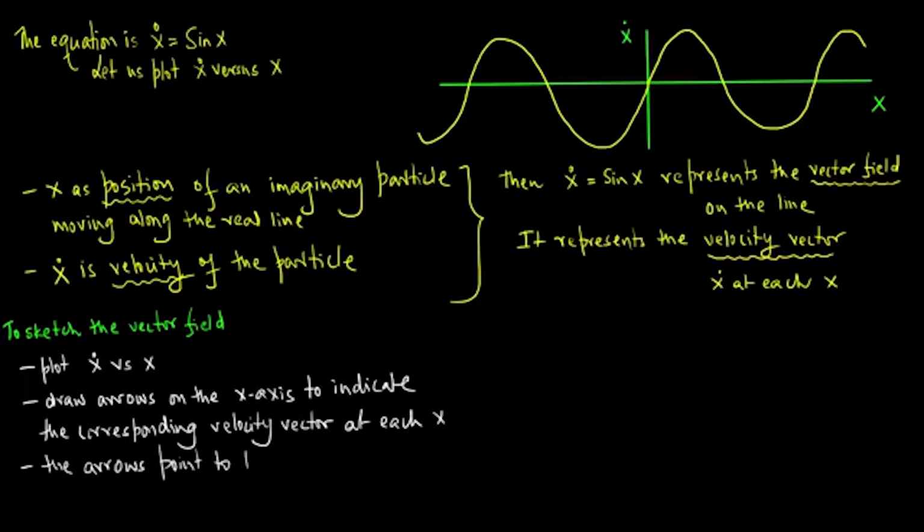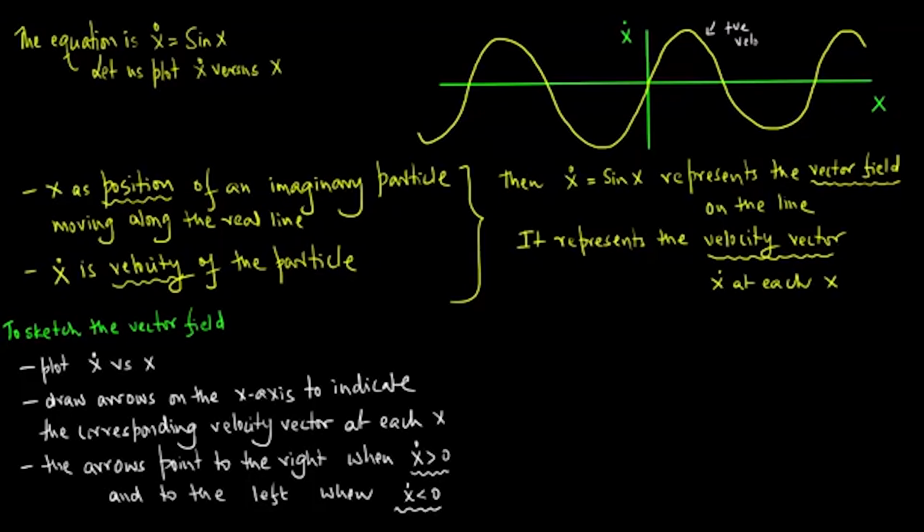The arrows should point to the right when x dot is greater than 0, and they should point to the left when x dot is less than 0. Now please pay very close attention to the plot of x dot versus x. We highlight the region of positive velocity where the arrows point to the right, and note the region of negative velocity where the arrows point to the left.